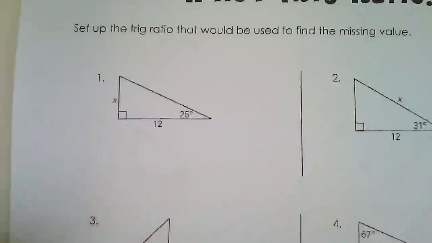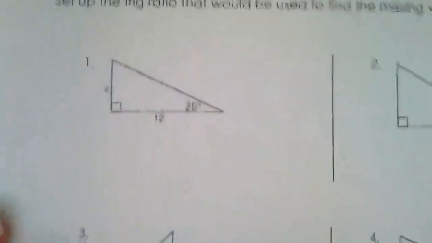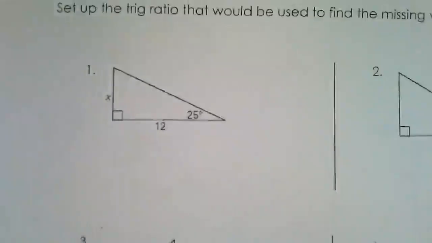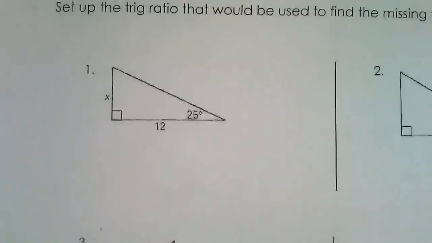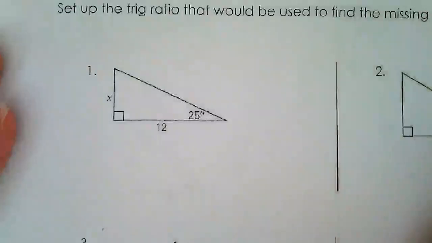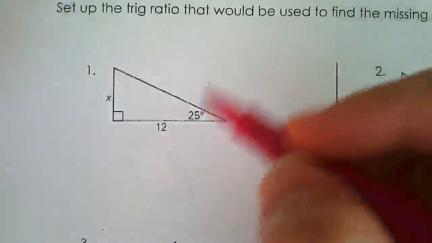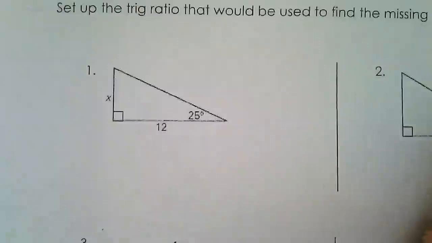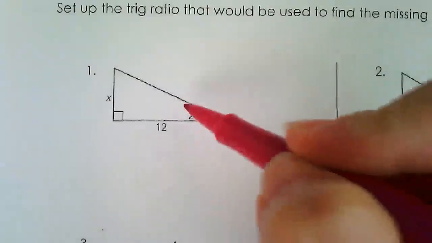Okay, so first up, number one. All right, so zoom in here. Let's make sure we're good and focused. All right, so starting with this one. I'm looking at this one, and I have this angle. Now, I don't have any letters on these triangles because we don't really need them.